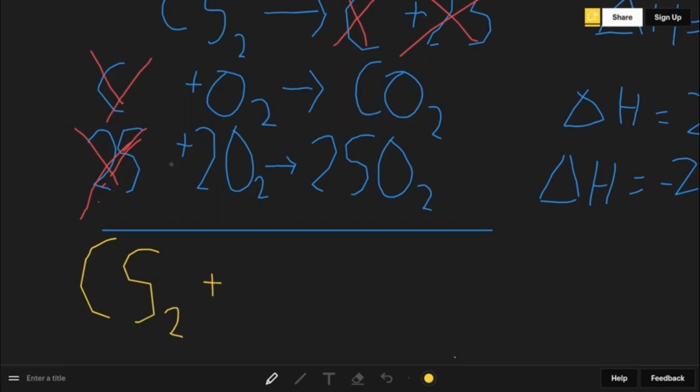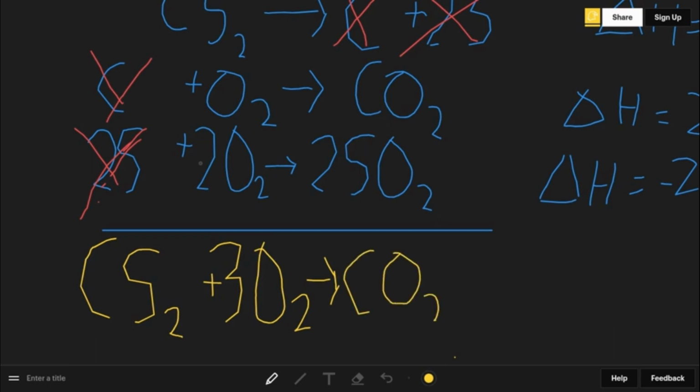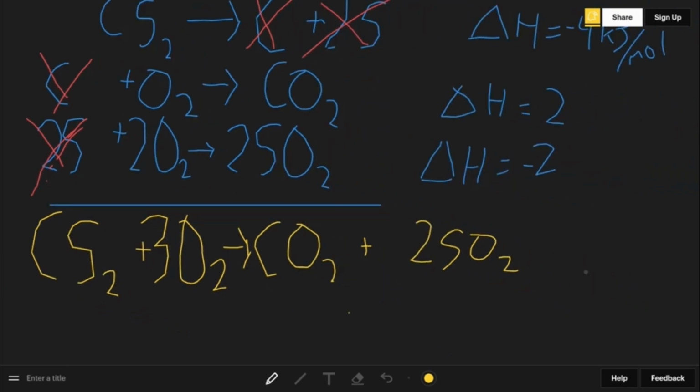CS2 plus 3 O2, since we have 1 mole of O2 here and then 2 moles of O2 here. So that's 3 O2. So that yields, what do we say? CO2 plus 2 SO2. Alright, so now that that's exactly this one, CS2 plus 3 O2 yields carbon dioxide and 2 SO2, that means it's correct.